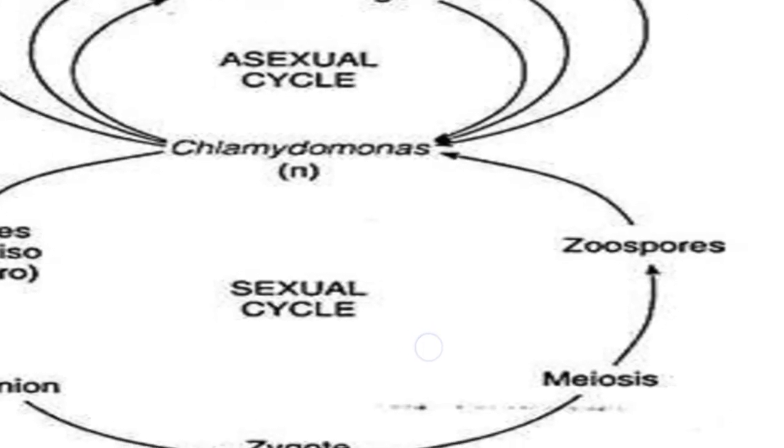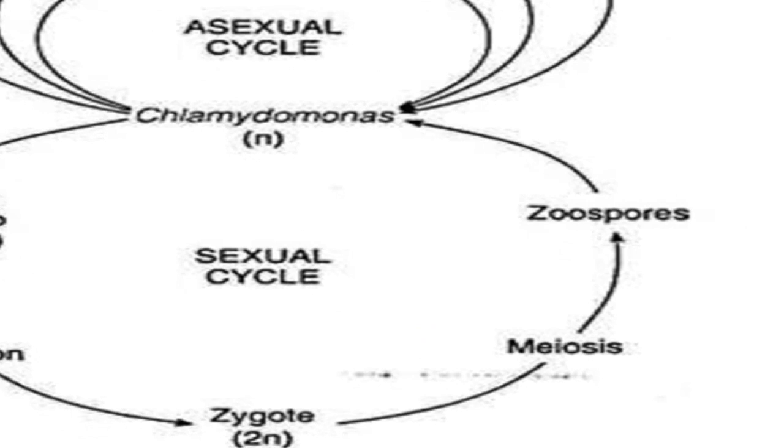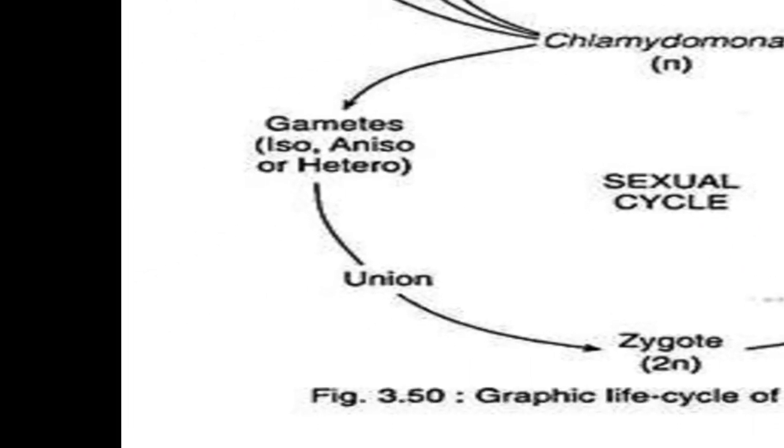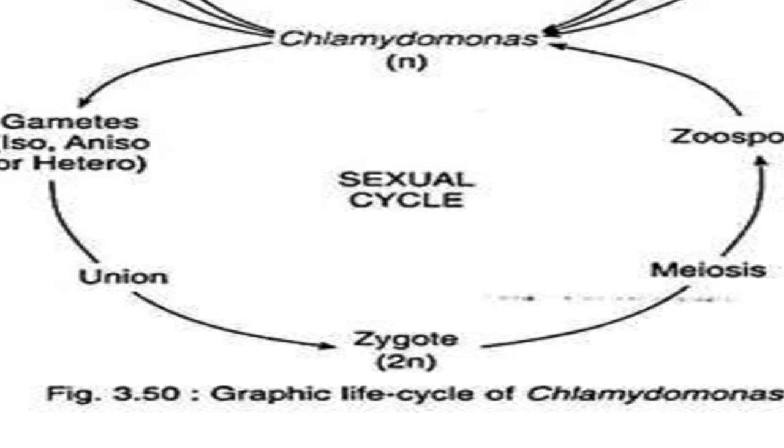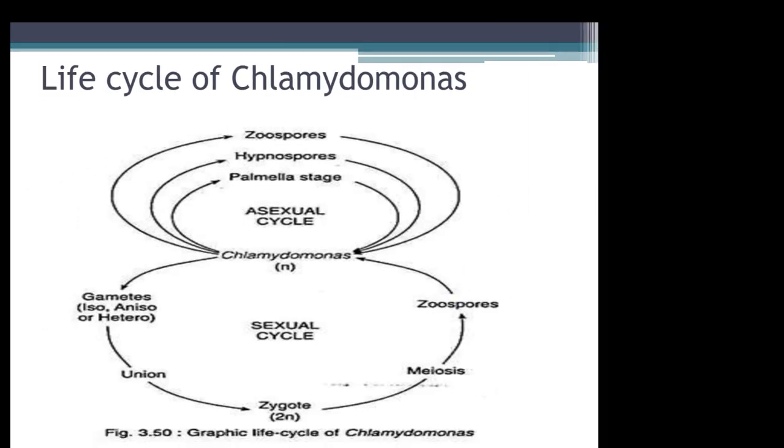Here you can observe that when Chlamydomonas fuse to form a diploid structure, this diploid structure by meiosis converts into zoospores, and after getting suitable conditions it forms Chlamydomonas.